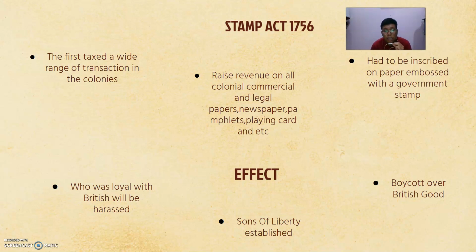The second one is the establishment of the Sons of Liberty, the group of people that was against this Stamp Act. Thirdly, whoever was loyal to Britain would be harassed.